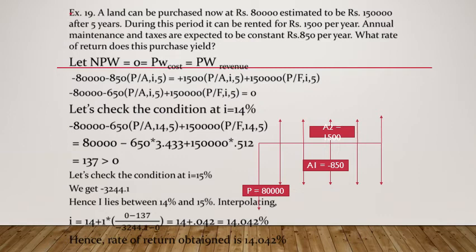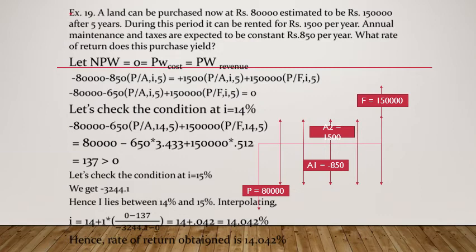Let us compare what is the rate of return. This is the cash flow diagram, a timeline of 1 2 3 4 5 years. The initial purchase price is 80,000, and after 5 years it is expected to yield 1,50,000.